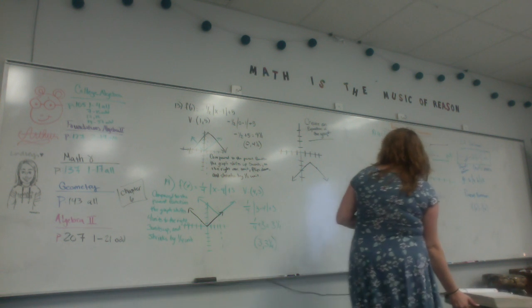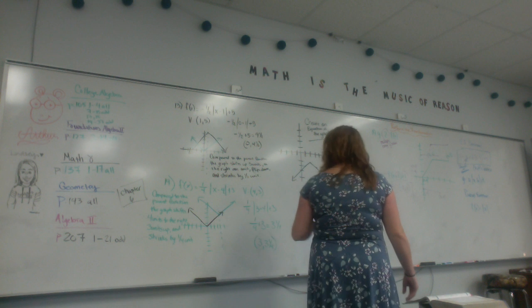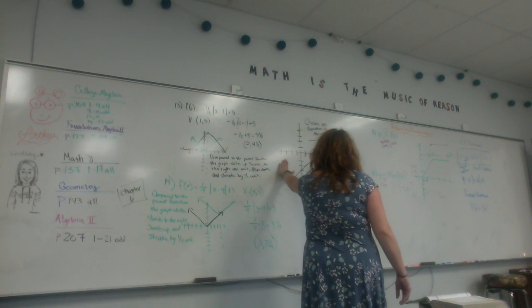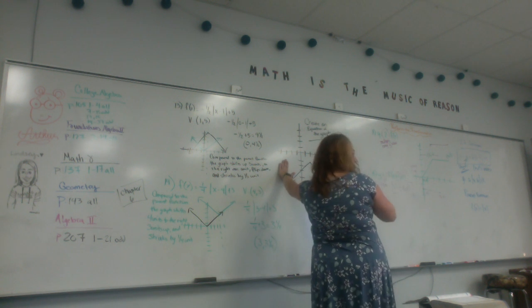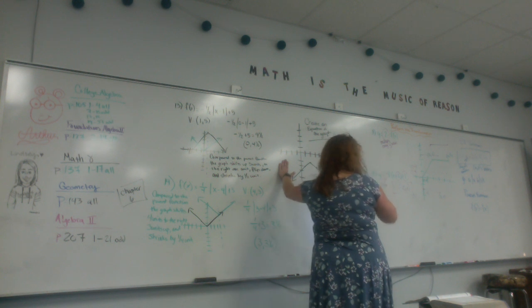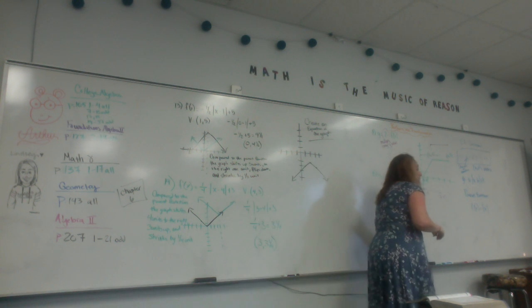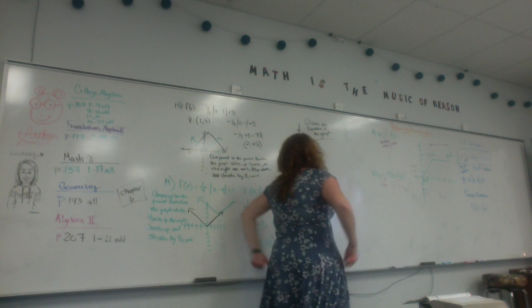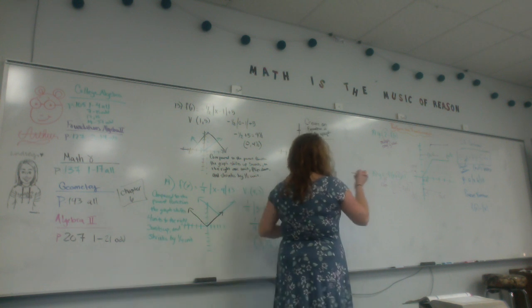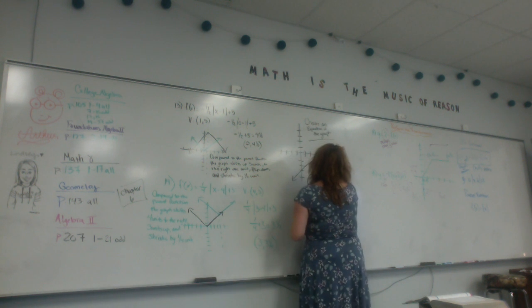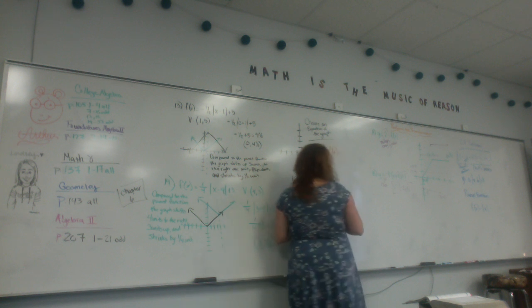The last thing we need to be able to do on our homework tonight is to look at an equation that is graphed and come up with the equation for it. Creating the equation of this graph. Okay, we know the equation says f of x equals what?